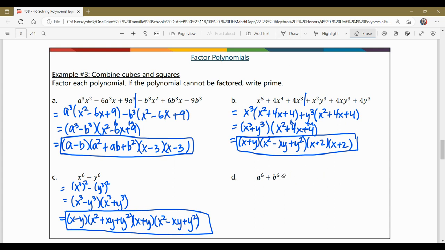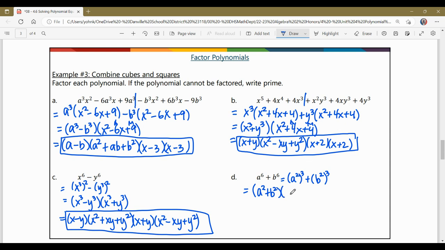I can write this as a squared cubed plus b squared cubed. So now I have the sum of two cubes. So I write the first one, a squared, plus the second one, b squared. And then I have the first one squared.